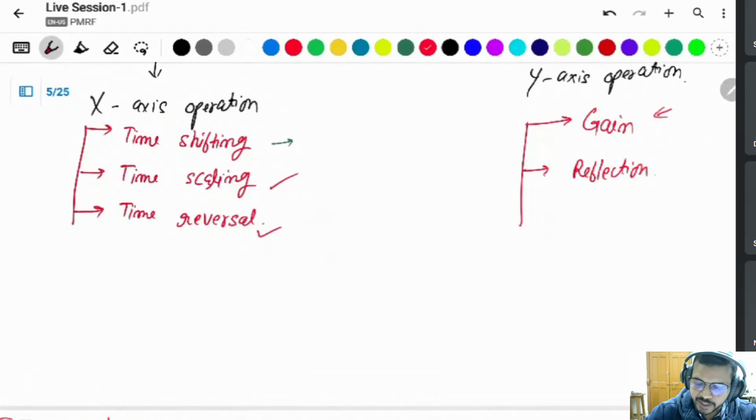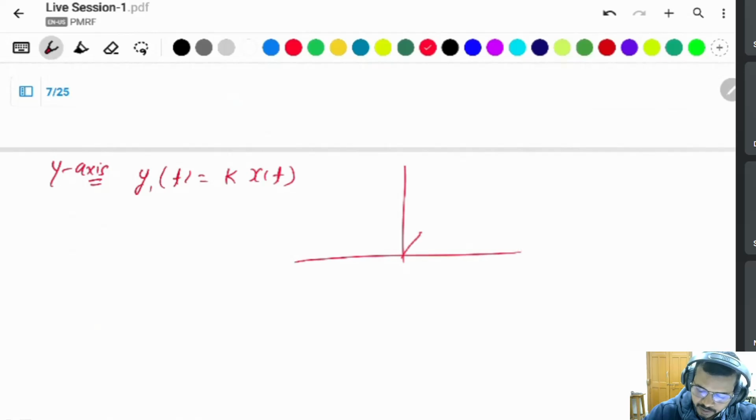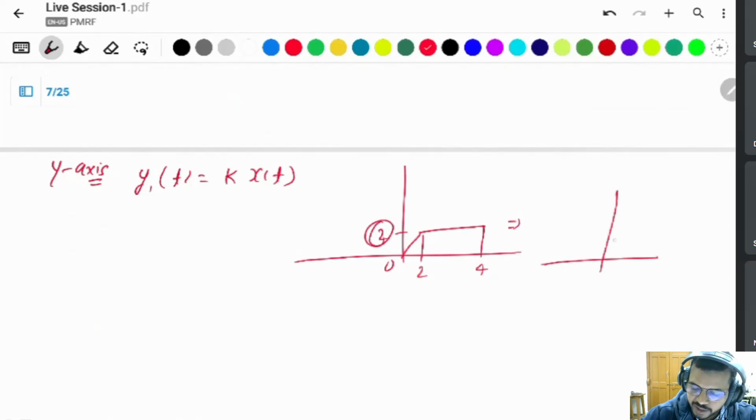If you multiply by some gain alpha, like y1(t) is equal to alpha, take k, x(t), then what happens? This is 2, 0, 1, 2, 2 is 4, the original signal. If you multiply by k, then simply k multiplies the y axis only. The remaining thing is the same.